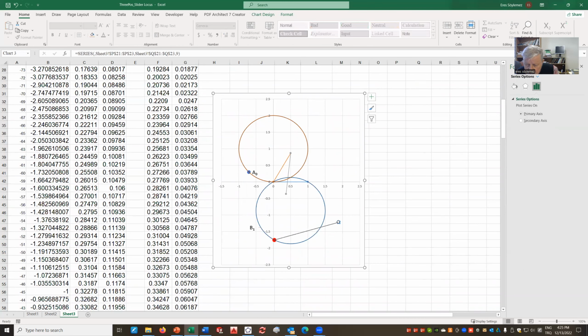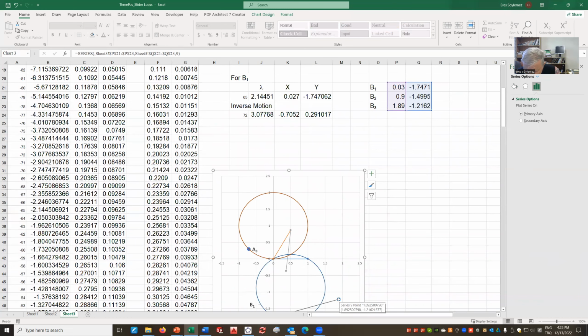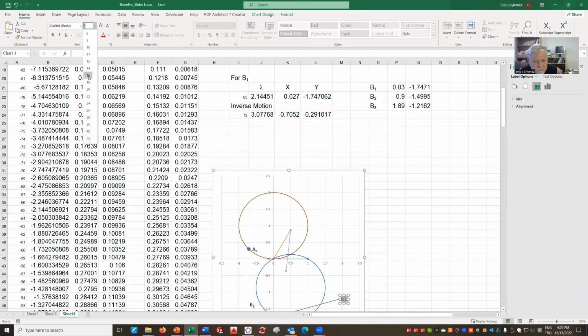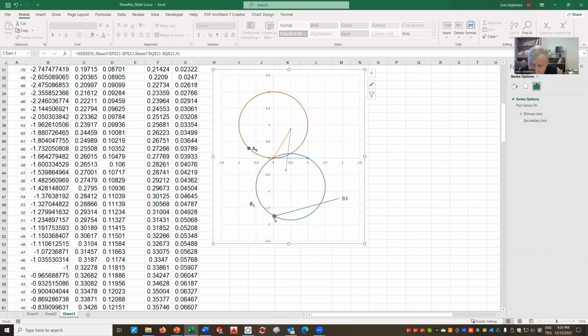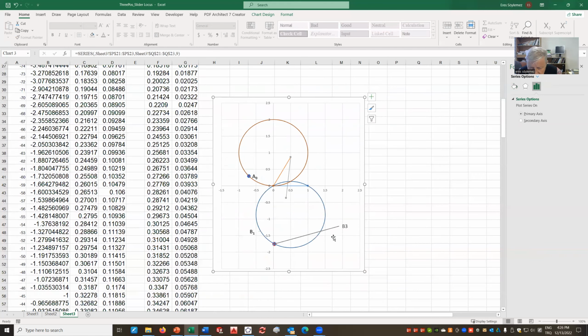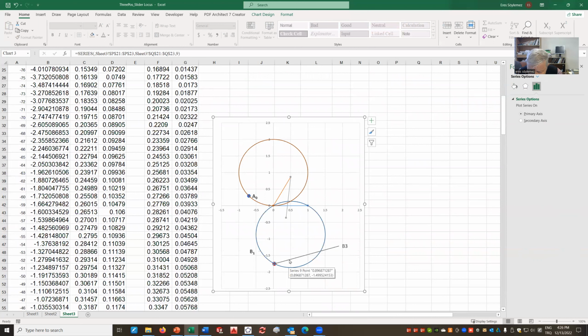This point is B3. Oh, B2 is somewhere over here, right? No, it should be somewhere here. Yes.